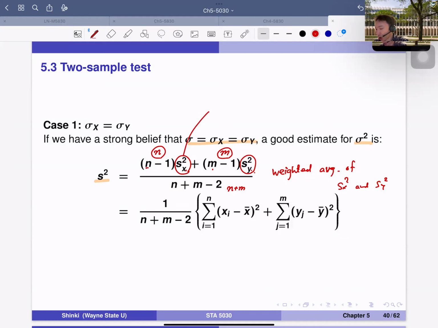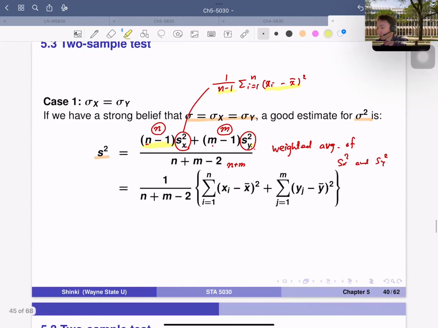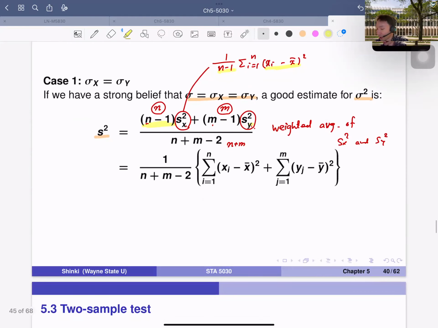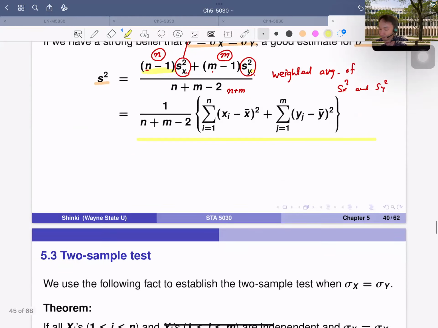That is kind of natural because the sample variance is 1 over n minus 1 times the summation for i equal to 1 to n of xi minus x bar squared. And we have n minus 1 here. So to cancel this n minus 1, it's most natural to put n minus 1 here. So actually the numerator is just a summation of all deviations, xi minus x bar or yj minus y bar. So this is the weighted average of the sample variances. So we can have this.